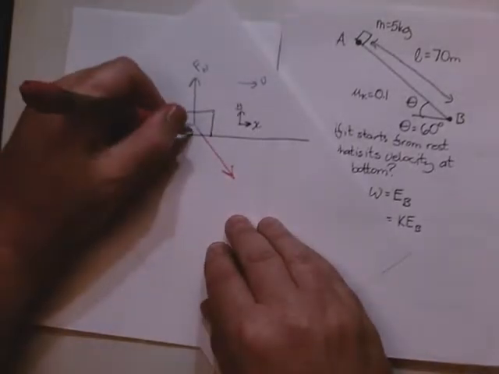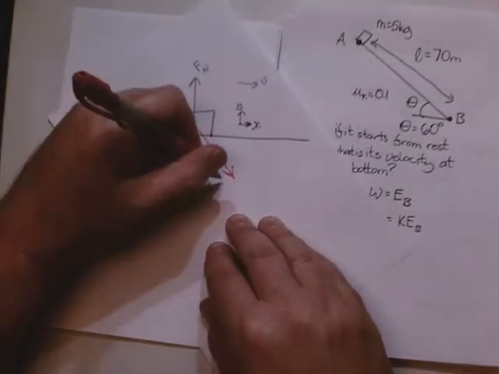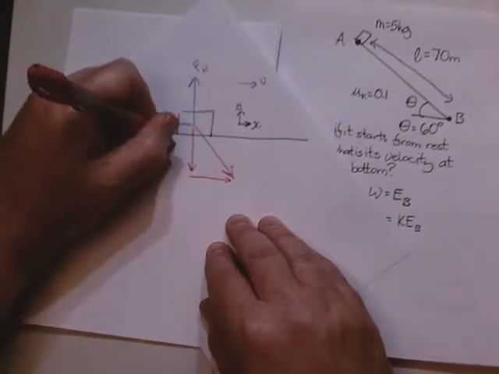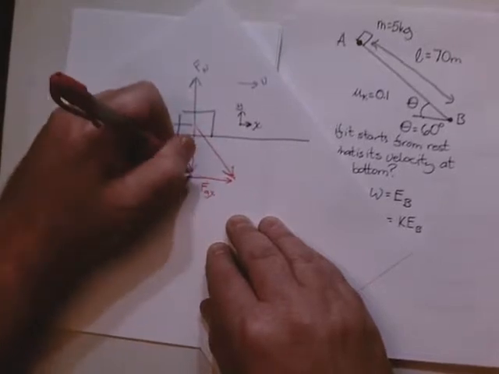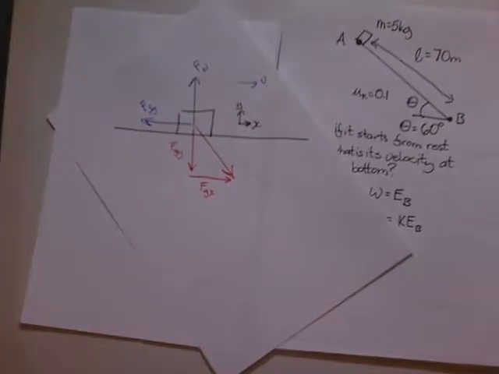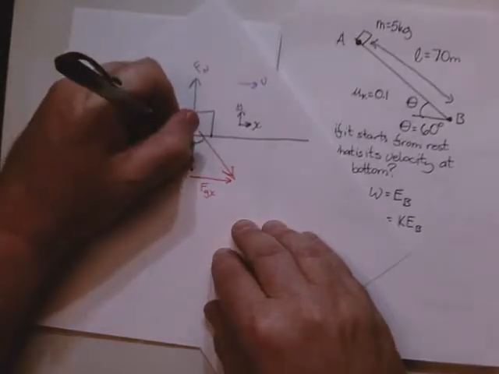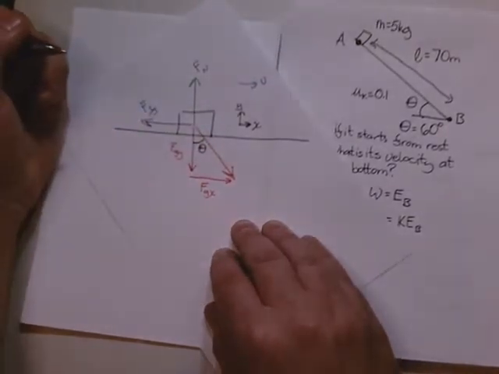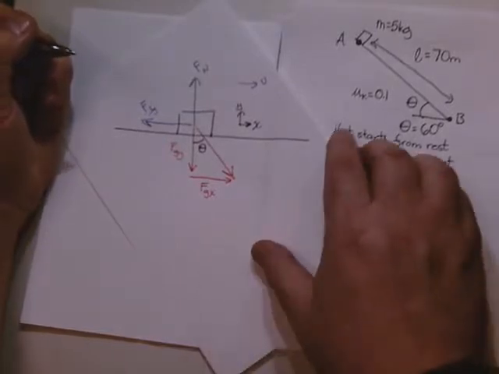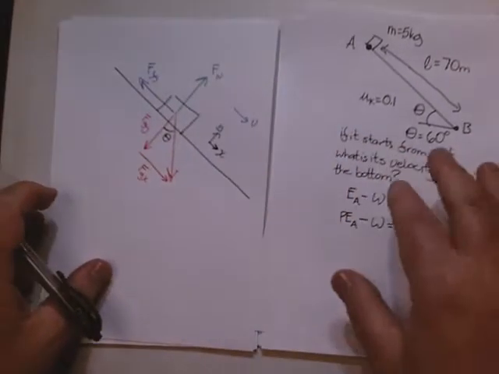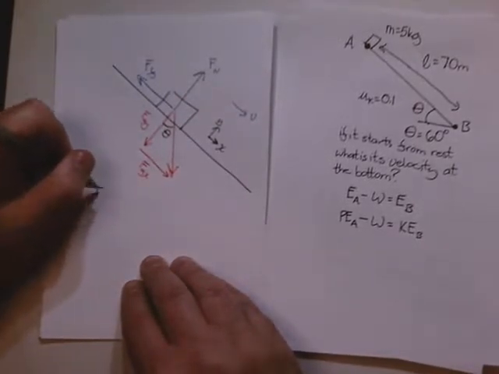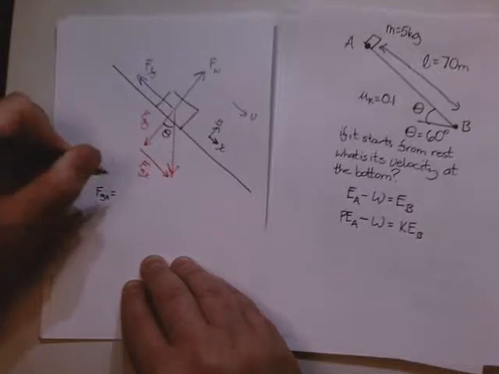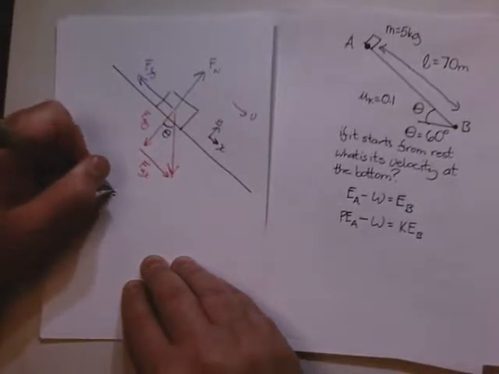So this force of gravity makes it look like this. And that is also the angle theta, which is 60 degrees. Now, FGX is, well, hold on, back it up.